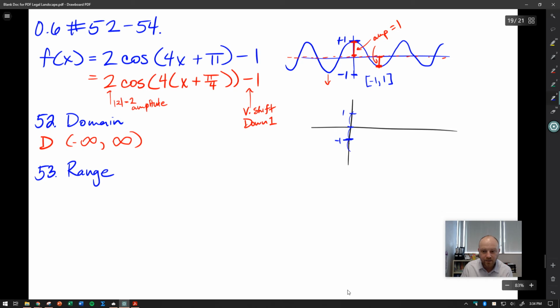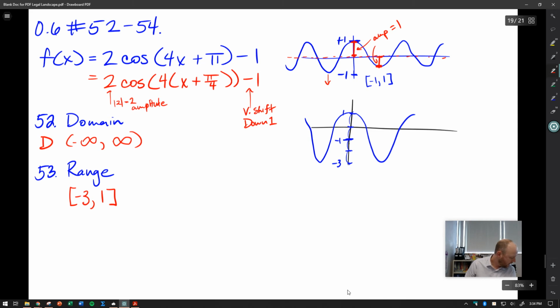And we're going to go as low as -3 then. Without the horizontal shift, this is kind of what our cosine does. So it goes as low as -3, as high as 1. So our range in this case is -3 to +1, and that is answer choice B on 53.